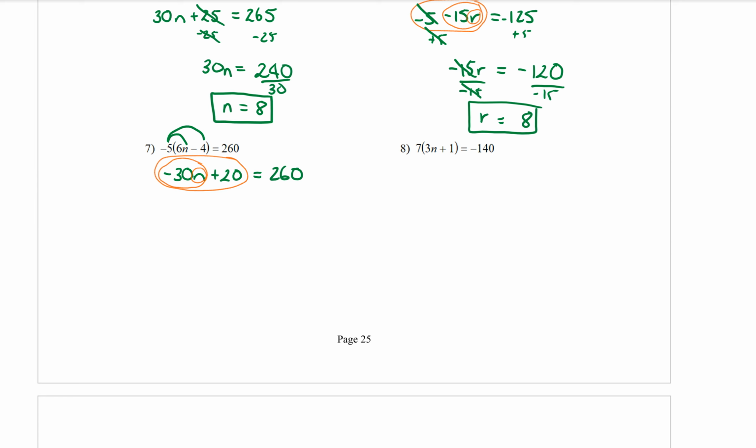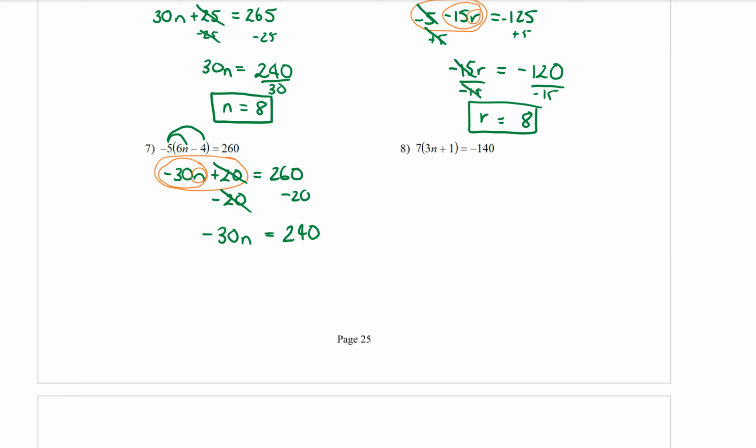The opposite of a plus is to subtract something. I need to subtract the 20. I have minus 30n by itself now. 260 minus 20 is 240.